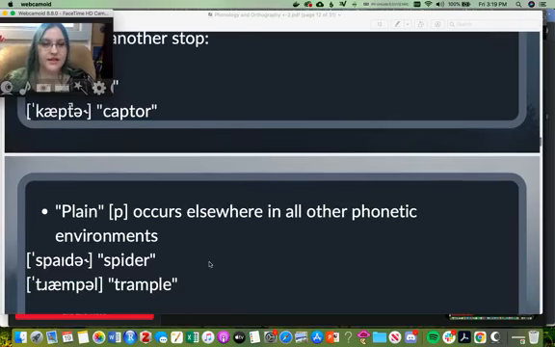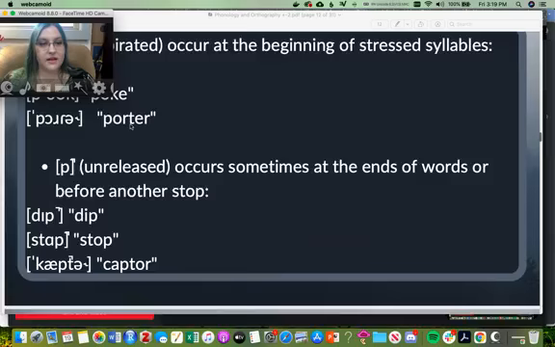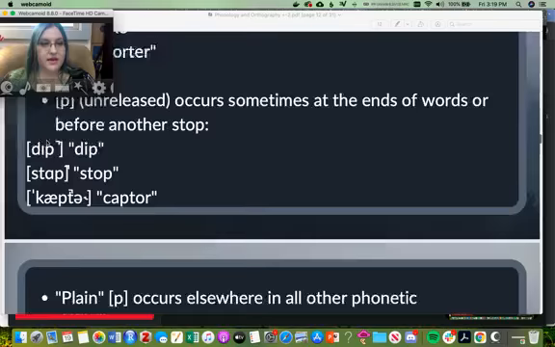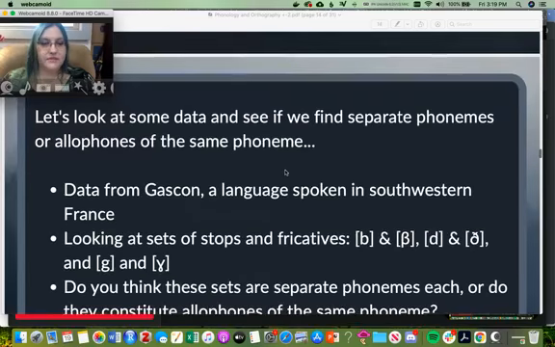So P in slashes is the phoneme, the category that English speakers consider to be distinct, whereas these allophones I would write with brackets around them, like this, PH. Okay, so with that, let's look at some data from another language and see if we can find separate phonemes or allophones of the same phoneme.